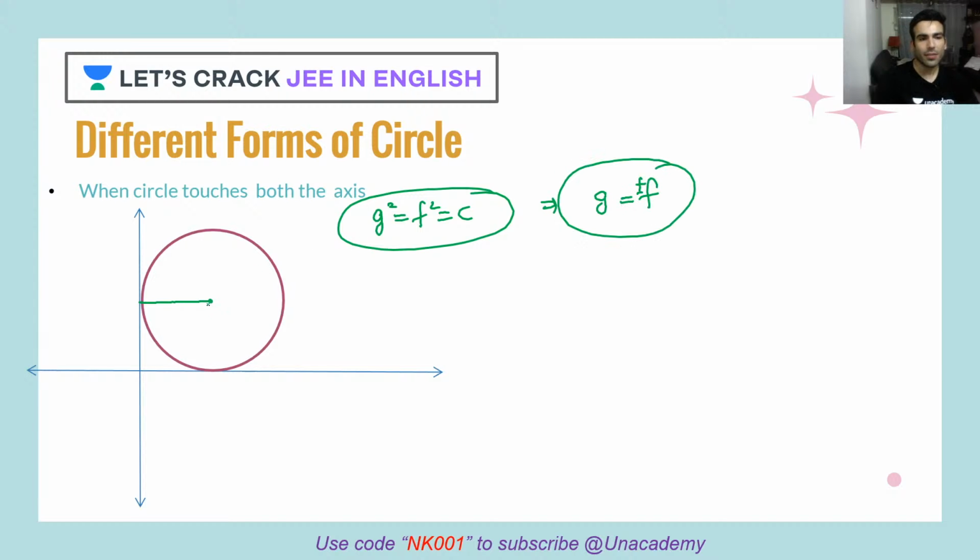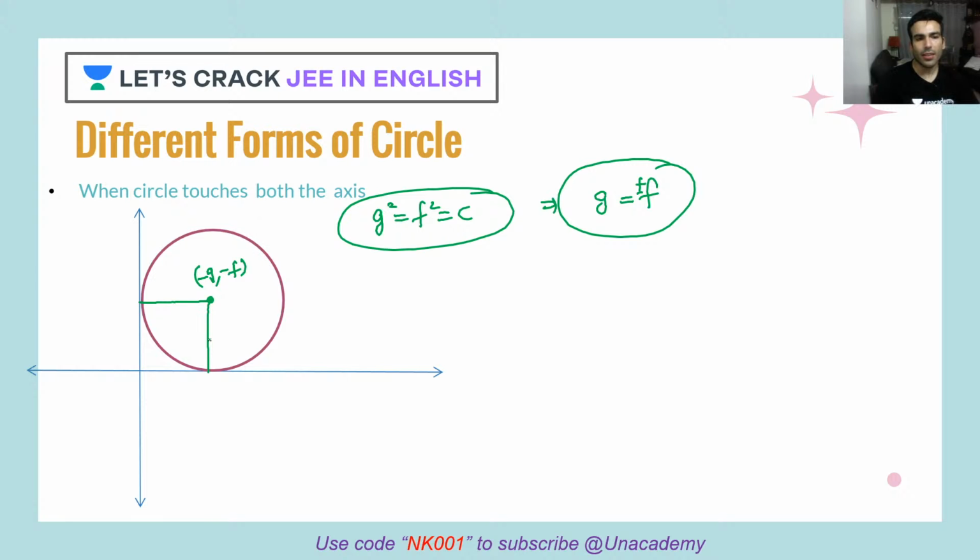So the coordinates would be both equal. The center can be in any quadrant, but equidistant. Let's say I'm taking the first quadrant case, so I'll write it as (minus g, minus f).